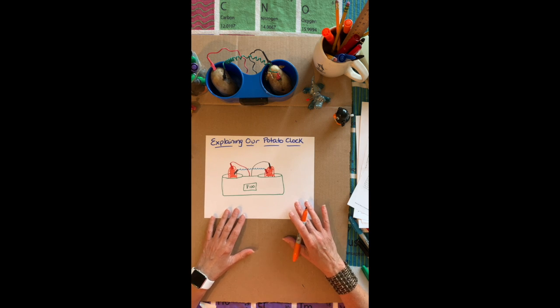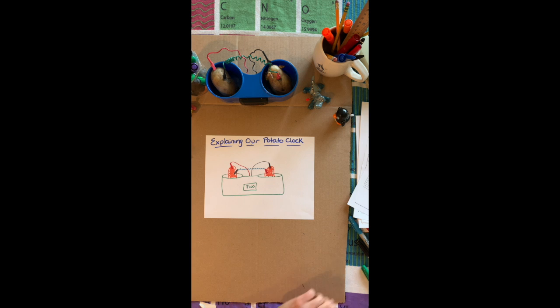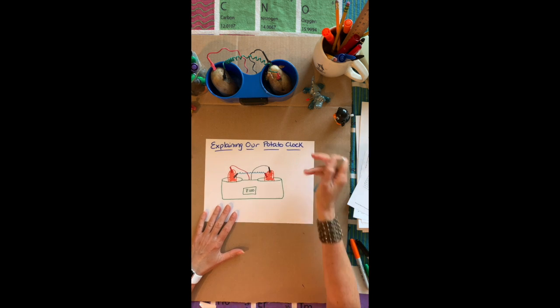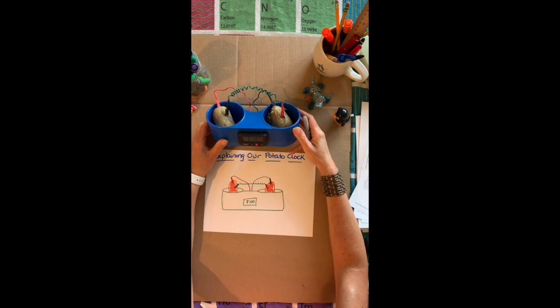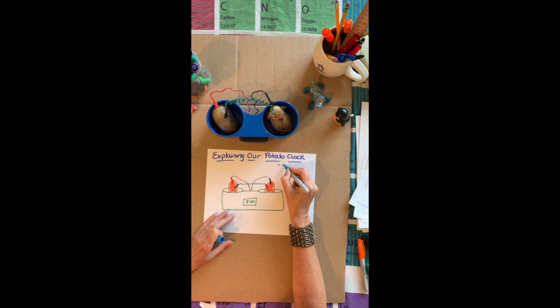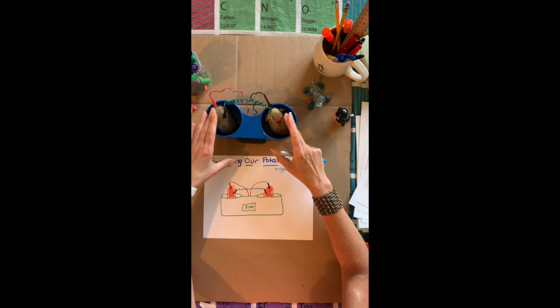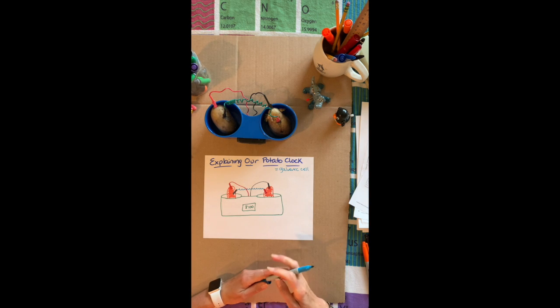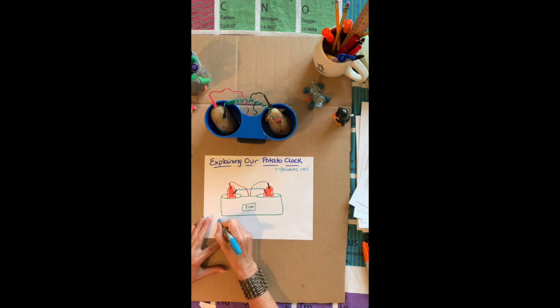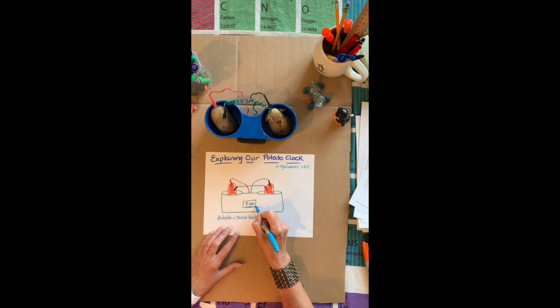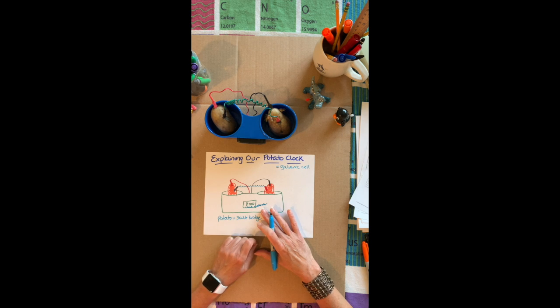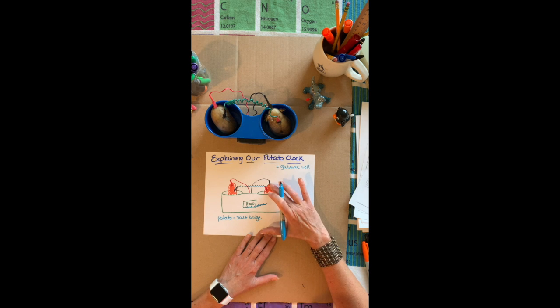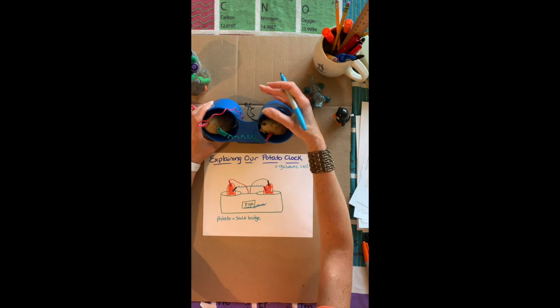I would like to conclude this lesson with an explanation of our potato clock. The potato clock is a galvanic cell, and our potatoes here are actually the salt bridge. Our clock is equivalent to the voltmeter portion, and the black wire is shown right here.